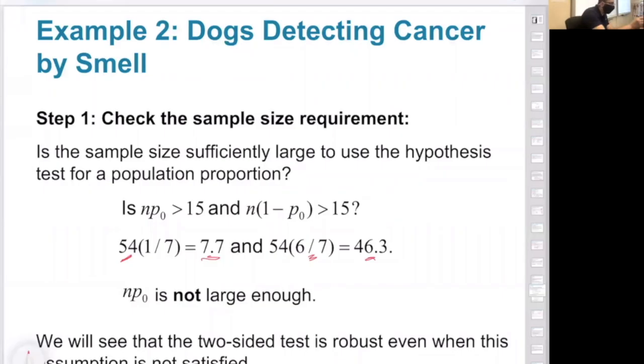So this one is less than 15, so it's not a large enough sample. But we will continue with this example. It's just to know that when we have a two-sided test, it's always a robust test, even if the assumptions here are not satisfied.